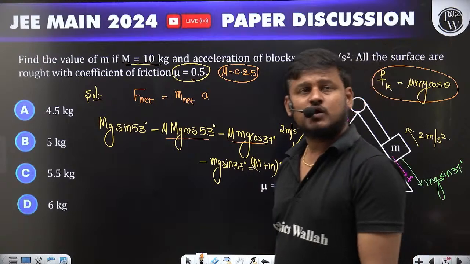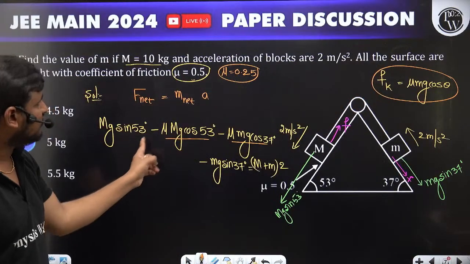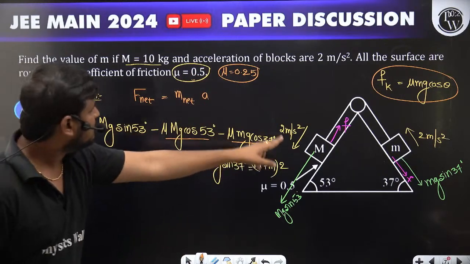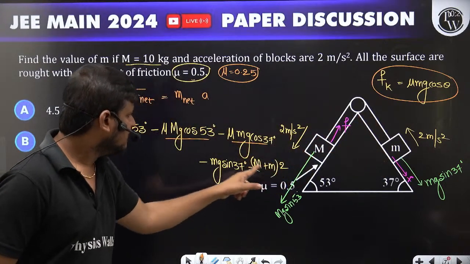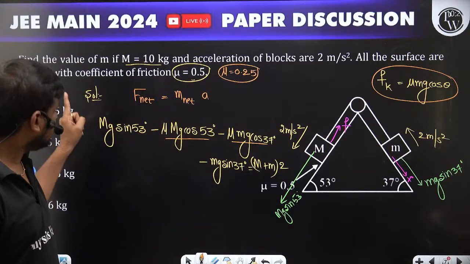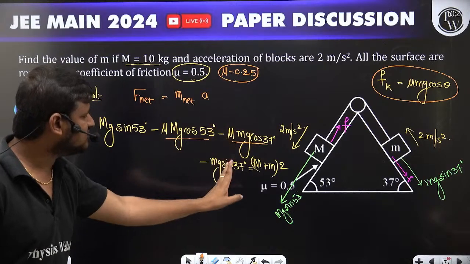Okay, so now you guys can take the mu value as 0.25 or 0.5. Then substitute the capital M, which is 10 kg. Now we have to find small m. We know the A, we know capital M, we know the g value, we know the mu value. Sin 53 you know, cos 53 you know, cos 37 you know, sin 37 you know.